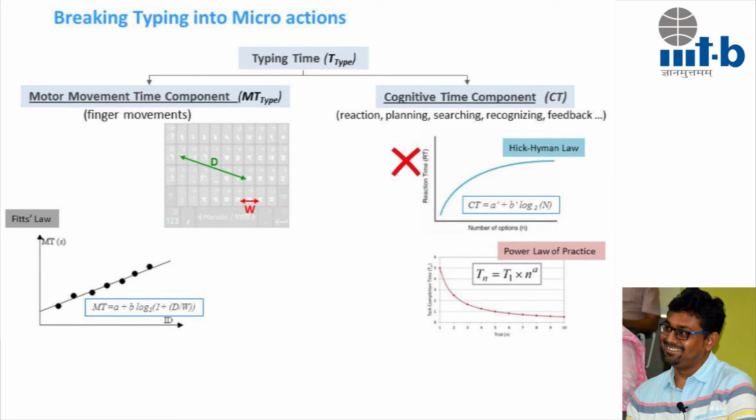And then we are thinking, we are reacting to something, we are finding something, we are searching for something while doing this. There are two components. One is the motor movement component, the other is something going on in our brain. We don't even know what is going on in our mind while we are typing. Probably we can bundle them together and try to model something. So we learned.